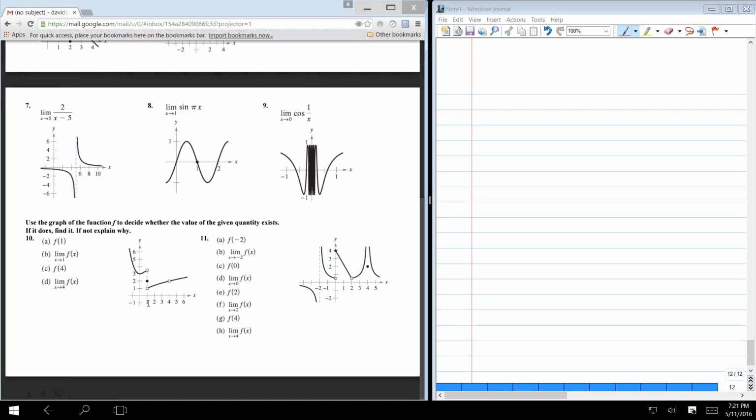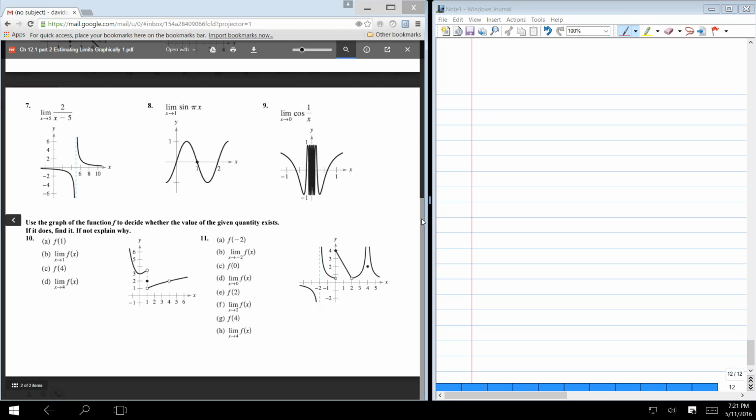Does not exist. Correct. According to this graph, x cannot be 4. What's the limit of the function as we approach 4? From the left it's 2, and from the right it's 2, so it'll be 2. Correct.